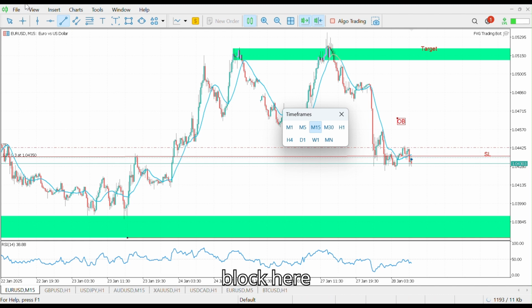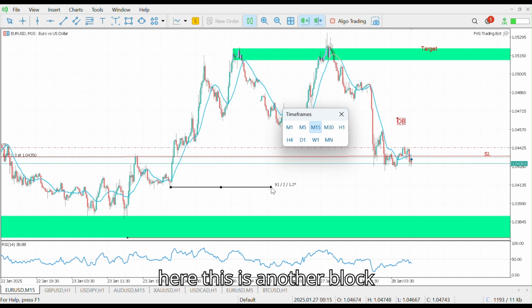There is an order block here. So here, this is an order block.